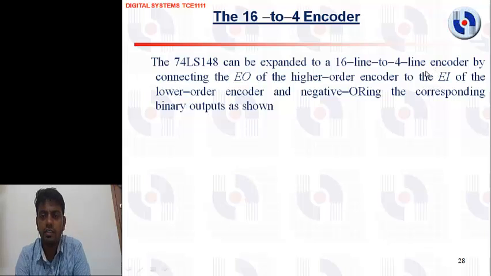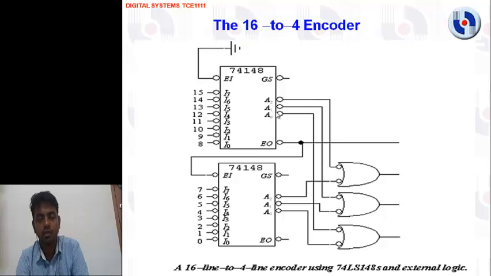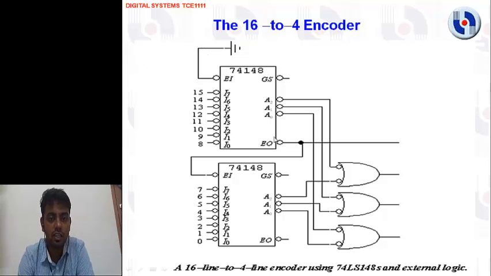Here we can see the encoder by connecting the EO of the higher order encoder to the EI of the low order encoder, and ORing the corresponding binary outputs as shown here. This is the basic construction of the 16 to 4 encoder, in which we are using 8 to 4 encoders connected back to back.